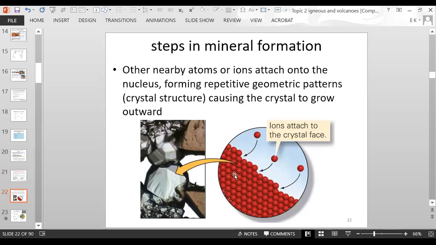Once you have one nucleus, other nearby atoms or ions are going to attach onto that nucleus. And then you will form a repetitive geometric pattern or a crystal structure that's repeated over and over again. So the atoms are going to continue to grow outward.